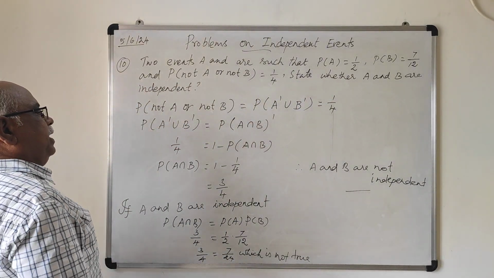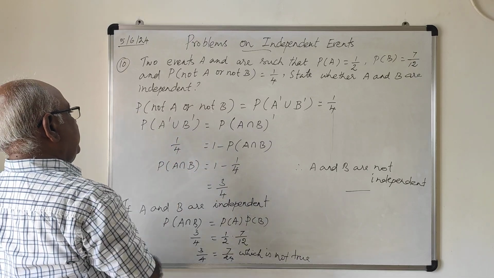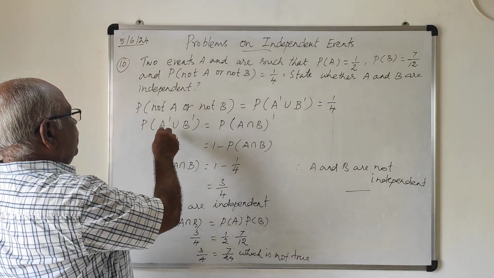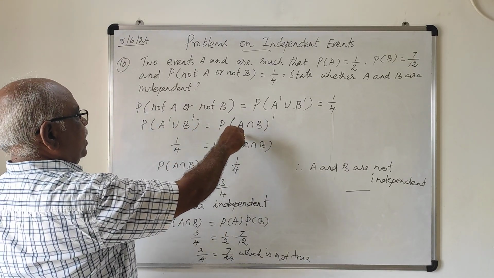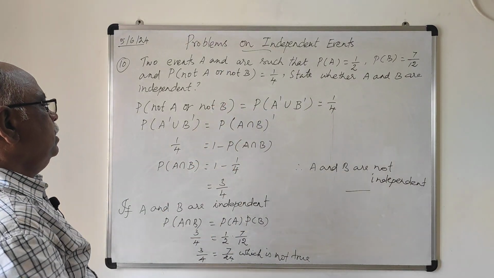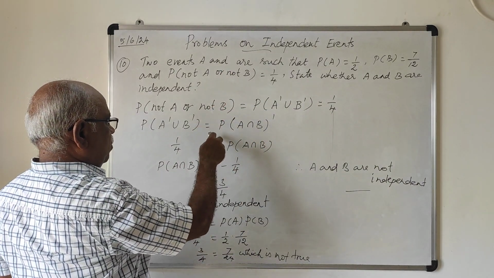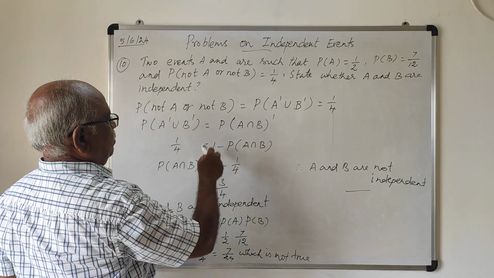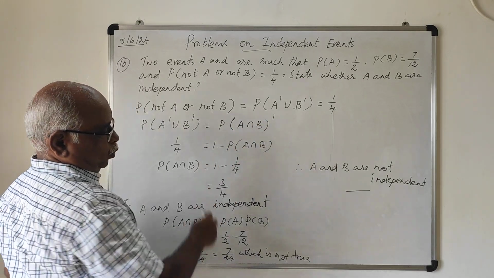Probability of A dash union B dash is, by De Morgan's law, probability of A intersection B whole dash. This is nothing but total probability 1 minus P of A intersection B, since P of A dash is 1 minus P of A, you know.